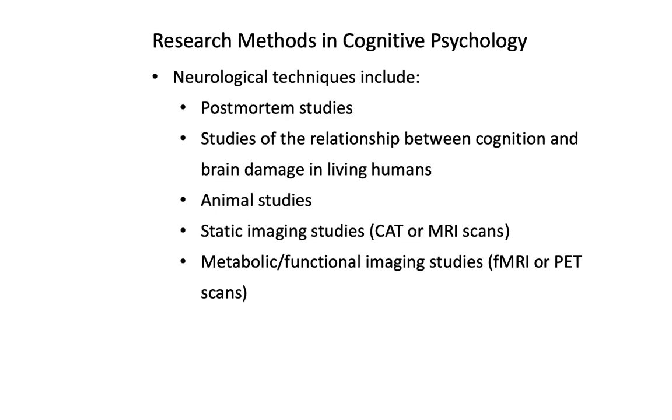And then, of course, another great way to study cognition and the brain is through neuroimaging. There are several go-to neuroimaging techniques. One of them is called CT or CAT scans. It's interchangeable. They're the same sort of imaging technique. CT stands for computerized tomography.